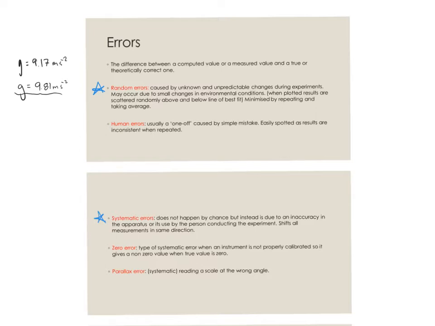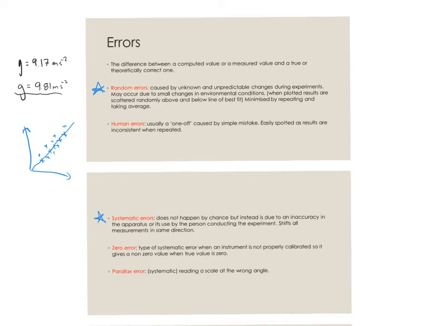So for example, if this was my graph, then points around the line of best fit would look like that. So you have random points up and down. There is no particular pattern to them, but since these points don't fit directly onto the line, they have been caused by random errors.